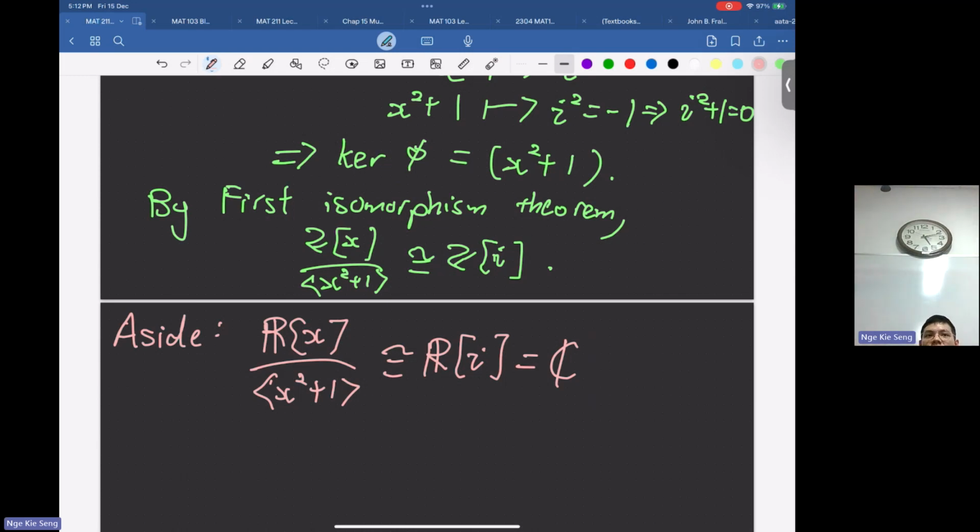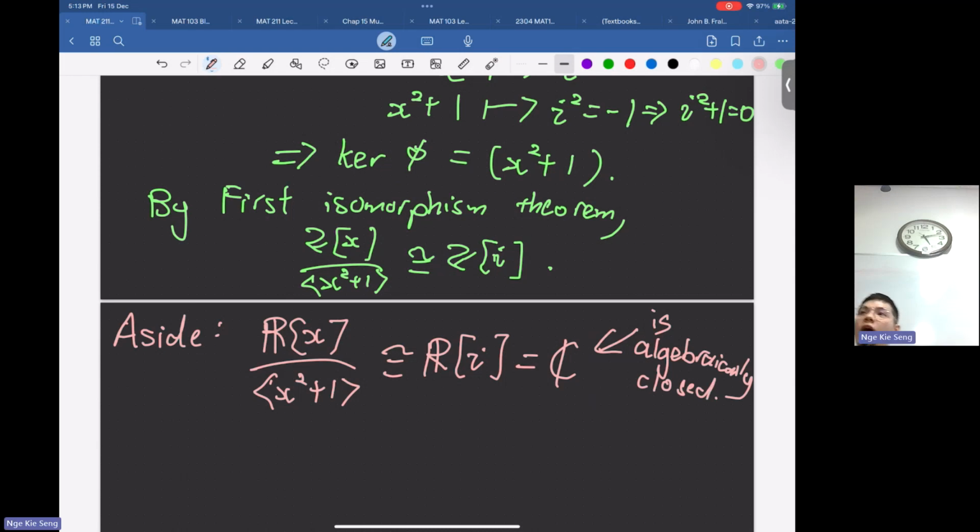Why? Because this is the only algebraic equation that doesn't have a root in R, I mean the ideal generated by this. Once we add i in, all polynomials will have roots in C. This is what we call the fundamental theorem of algebra. So in this way, C is algebraically closed.